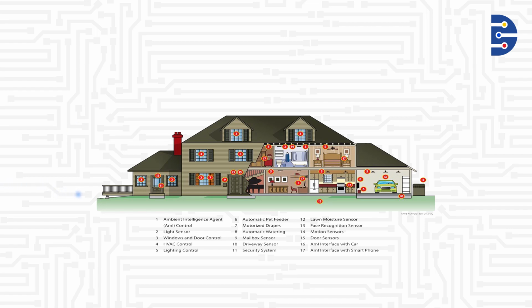They include the light sensing devices, the windows and the door controls, the HVAC or the air conditioning control, the lighting control, the pet feeders, the automatic drapes, the automatic watering systems, the mailbox sensors, the driveway sensors, security, the lawn moisture, motion sensors, car sensors, smartphone sensors, and so on.